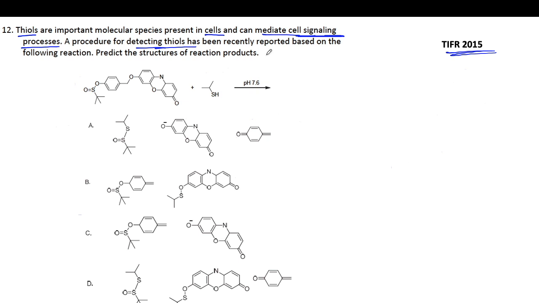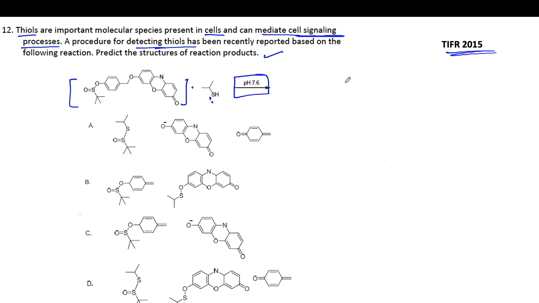Predict the structure of the reaction products. Now this is at pH 7.6, which is your physiological pH, and this is a big reaction. A big molecule is reacting with a thiol basically. Now how the molecule is going to react with this thiol, that is the question.